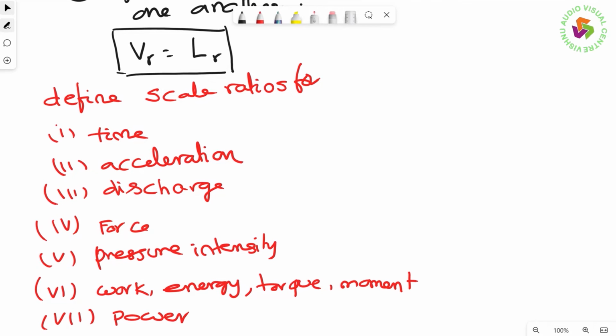So for all these variable parameters, we need to find out what is the scale ratio.